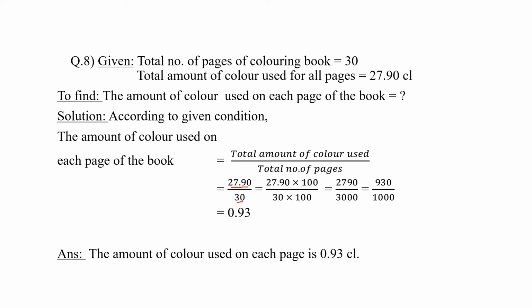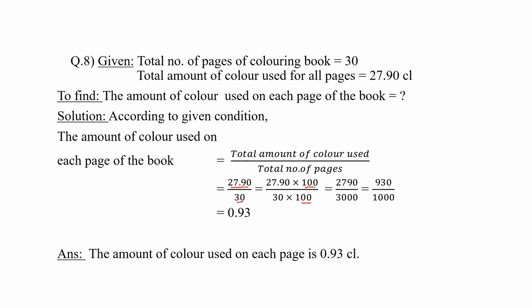Now here in numerator 2 decimal places are there, and in denominator no decimal places there. So we'll multiply here by 100, so that we can remove the decimal place. Okay, so 27.90 into 100 upon 30 into 100. Remember, these two are equivalent fractions. So if you are multiplying to numerator by 100, so you have to multiply to denominator also by 100, right?